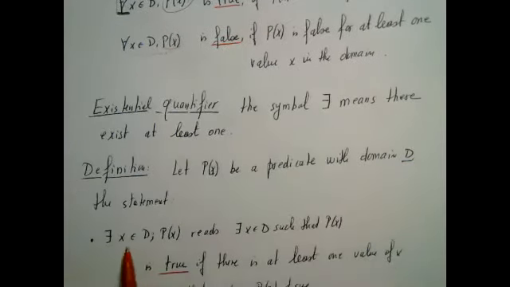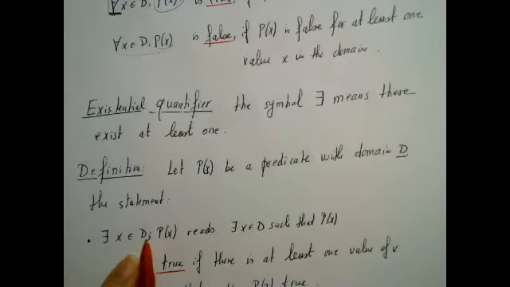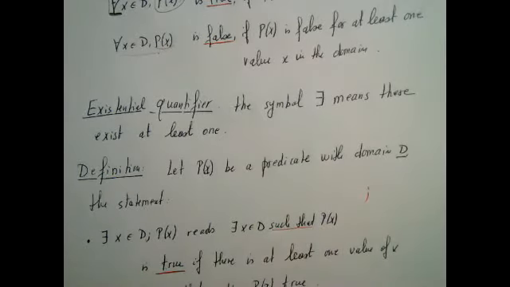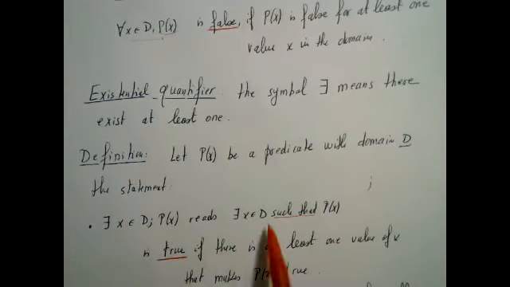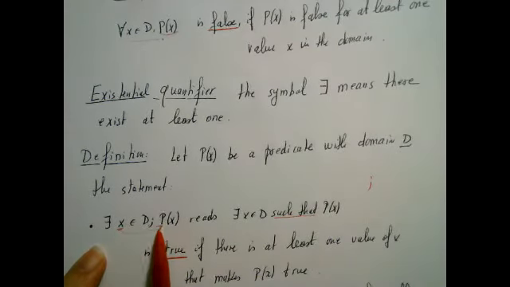Then the statement reads: there exists x in the domain such that P of x. Sometimes they put a comma, dot, or semicolon, or sometimes we just write it like this. There exists x in the domain such that P of x. So this statement is true if there is one value that makes it true. If you can find one x that makes this true, it means this is true.